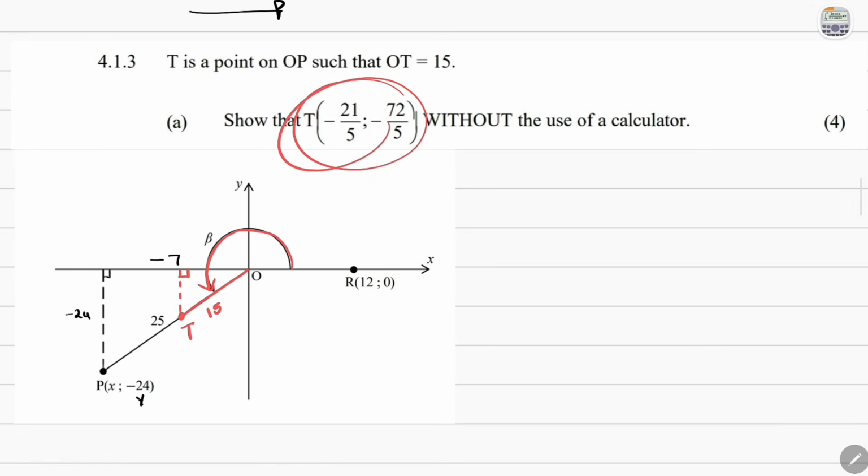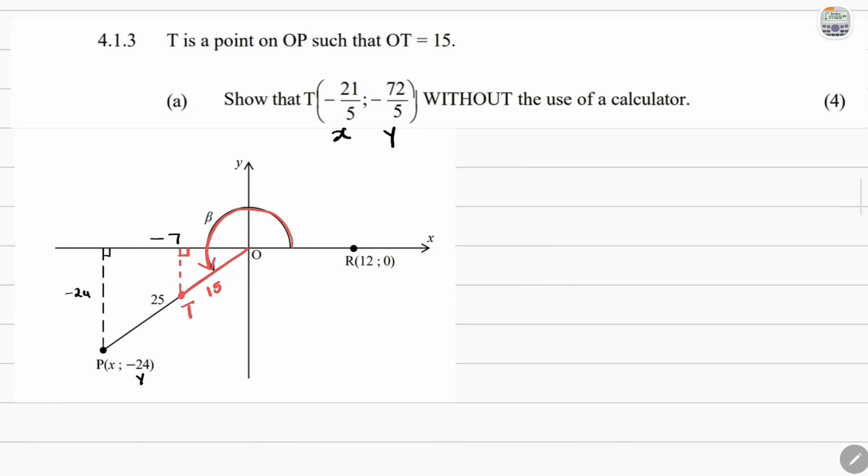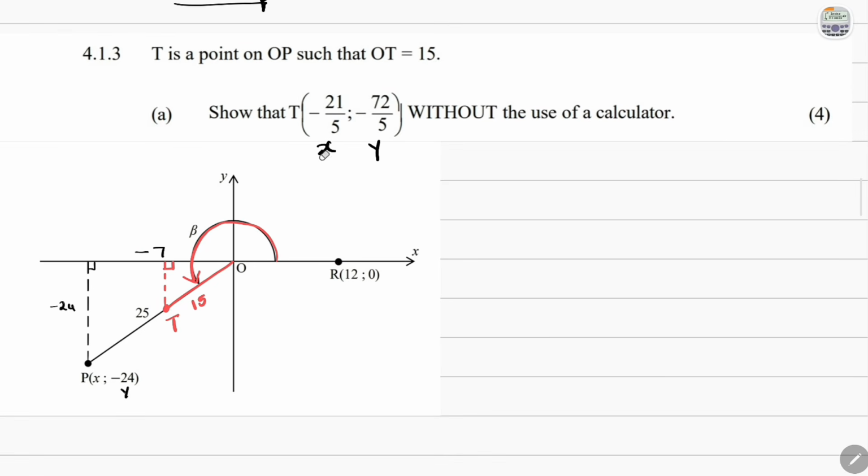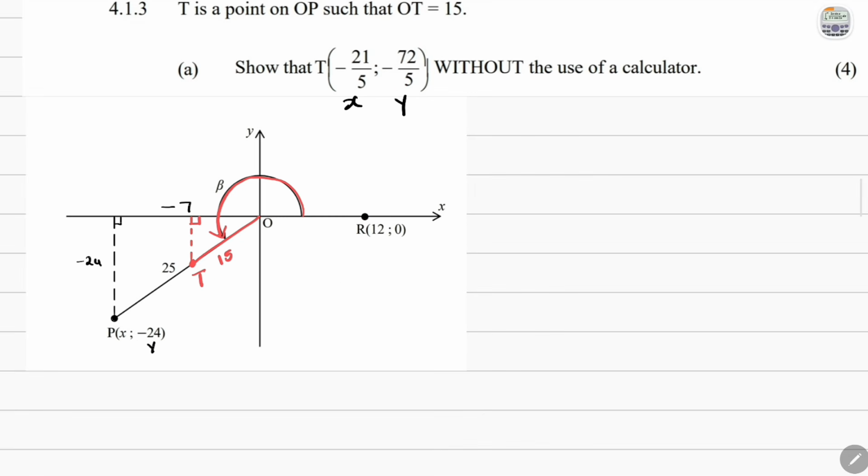So we can actually find this coordinate, the x coordinate and the y coordinate, using the information we have in this bigger triangle. Here's how we can do this. To find an x coordinate, we use the adjacent side, and we already have the hypotenuse.